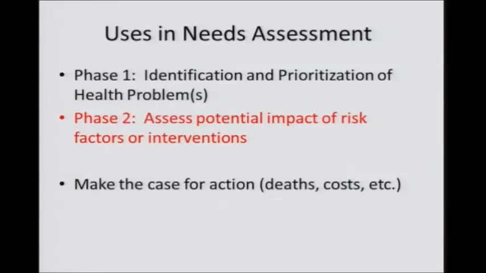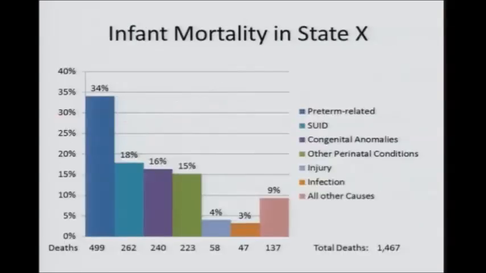So calculating those excess costs and deaths really can be used to drive action. Just to start off as a teaser for the phase 1 needs assessment part that we're going to be doing later in an exercise, I'm just going to show a series of slides of mortality by age.